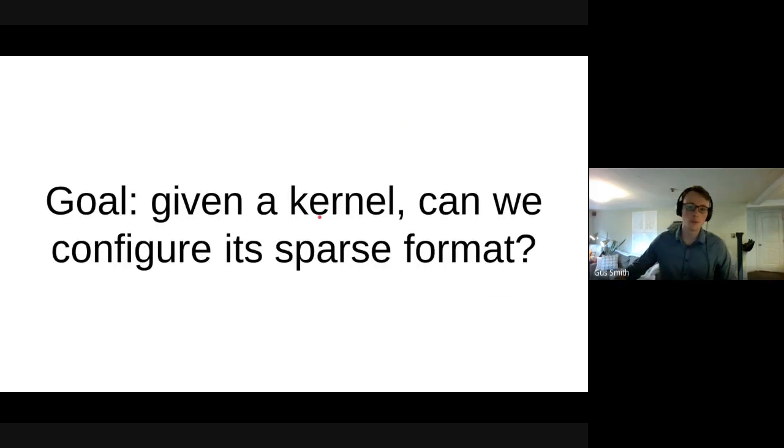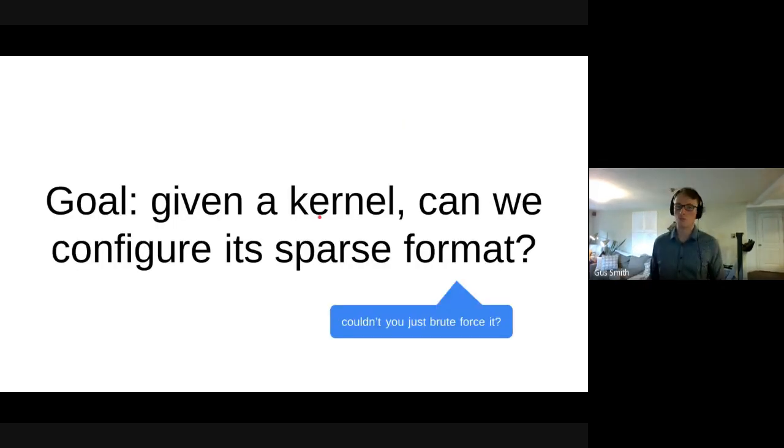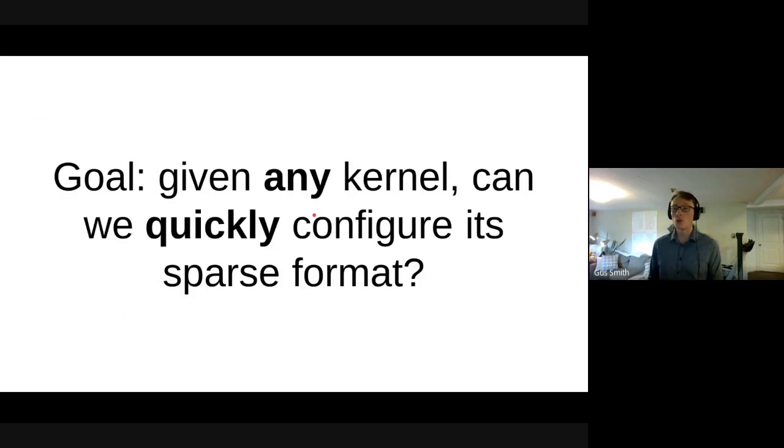And so the question here is, couldn't you just brute force this? Couldn't we just try every possible sparse format? Well, in some sense you could, but really what we would like to do is, first of all, we would like to do this quickly. We don't want to have to wait for trying every single sparse format on a host of representative tensors. Also, we'd like this to work over any kernel in some sense.